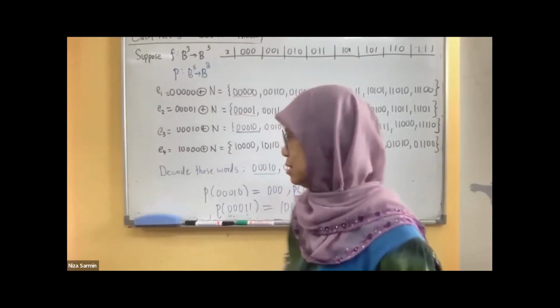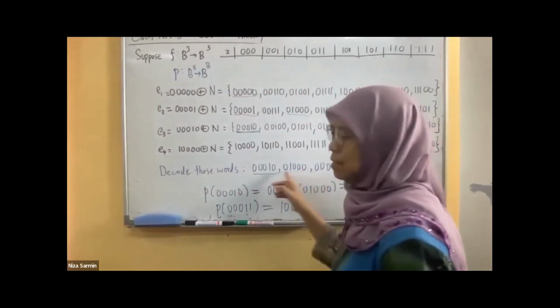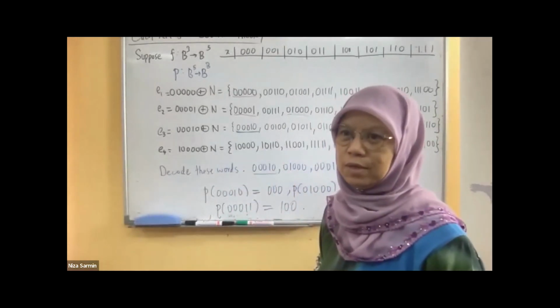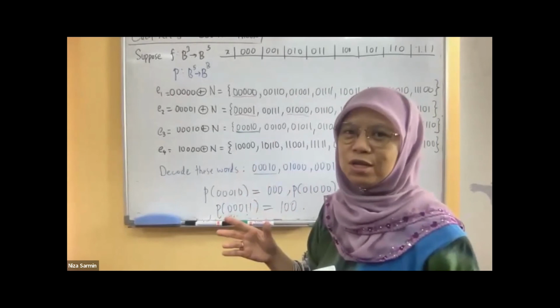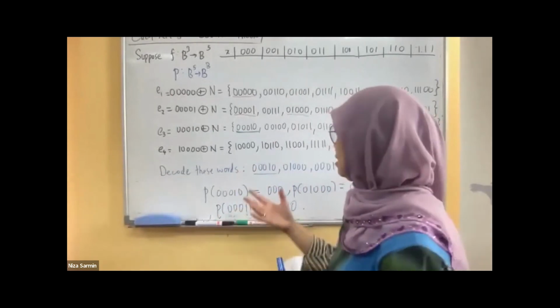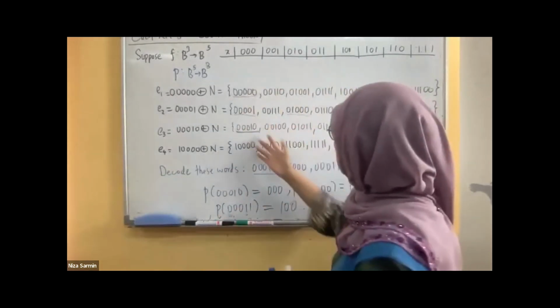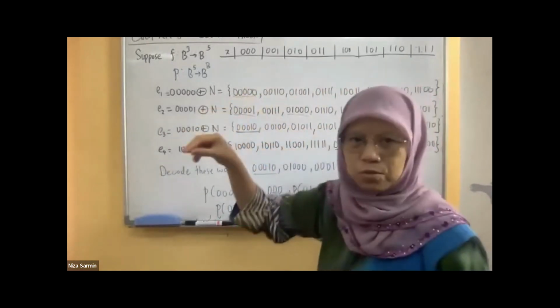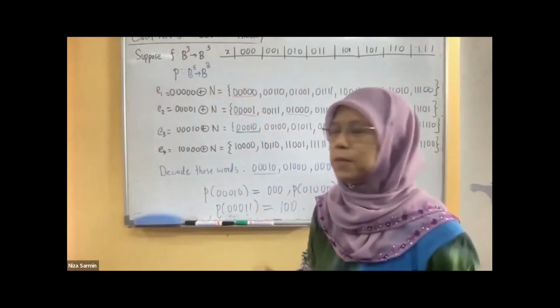That's one of the reasons why you cannot find some of the received words, right? If somehow you partition wrongly, you calculate wrongly, then they are not in here. Here, I have everything in here because I do this step by step accordingly.